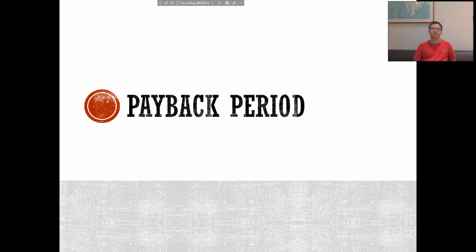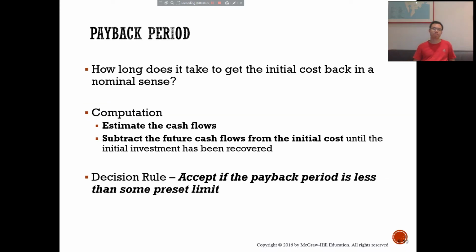Let's take a look at the second one. Payback period. So payback period is simpler than NPV calculation. It basically says how long does it take to get the initial cost back in a nominal sense. In a nominal sense, meaning that you don't really consider the time value of money in the calculation.